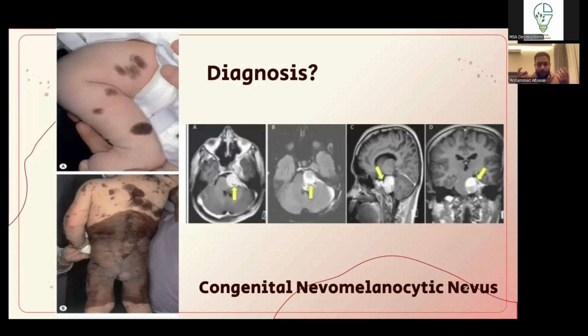If you have a melanocyte that's from the neural crest forming a very huge nevi with satellite formation, which is basically small chunks of the nevi forming outside of the huge congenital nevus, all of these small pieces, then you need to do an MRI to check for meningeal involvement.